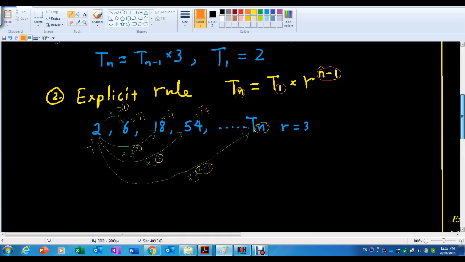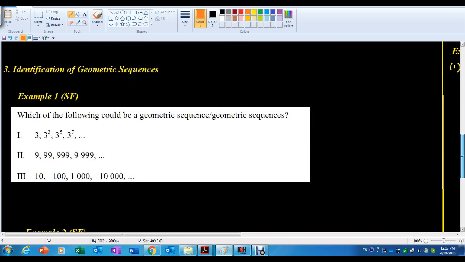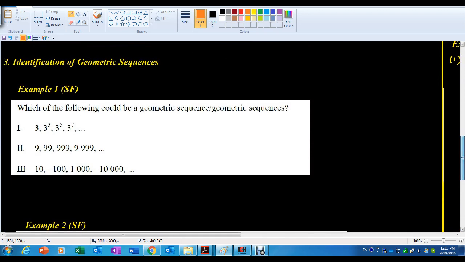But now let's do some very simple questions. These are all simple, familiar examples in this video. Let's see our first one. You need to identify geometric sequences. First one, which of the following could be a geometric sequence?